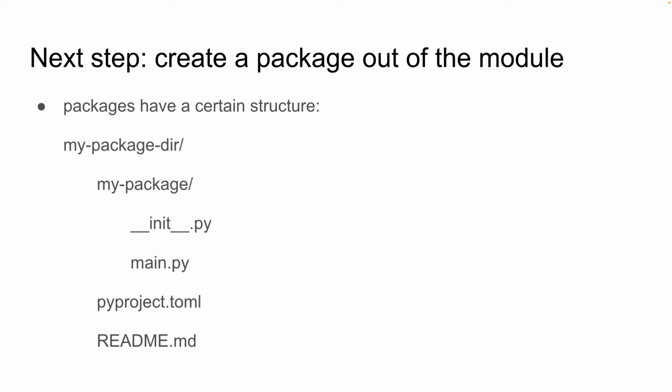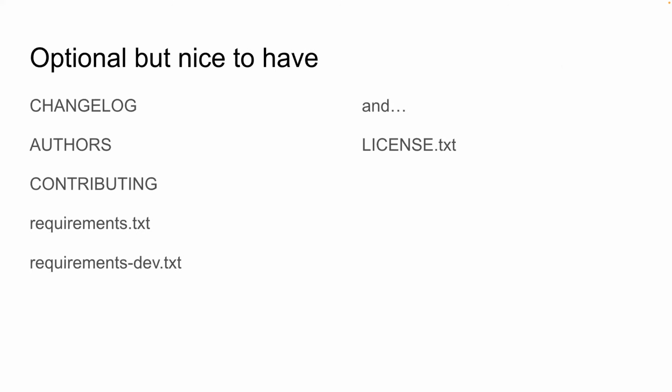In the root directory, we also have a pyproject file. It has a syntax similar to YAML. And then I have a README, and my README is Markdown, but you can also have RST, you can have plain text, whatever you want. Some things that are optional, but also nice to have. You can add a changelog to your package, an authors file to list people who are working on that, a contributing guide, and requirements if you are using other packages to build this one.